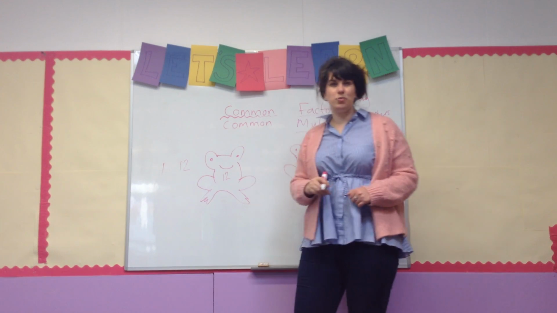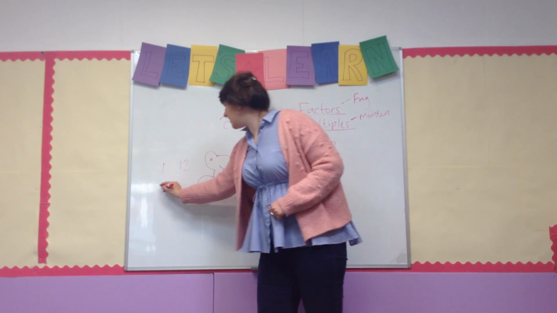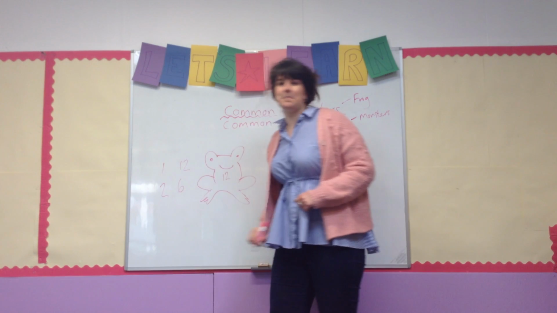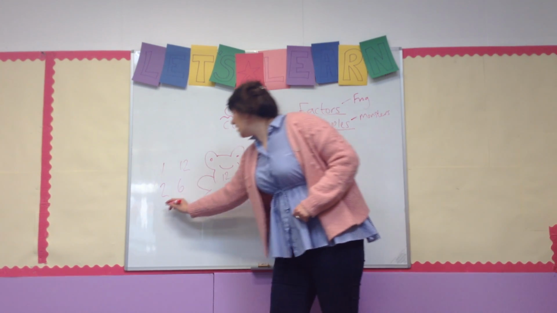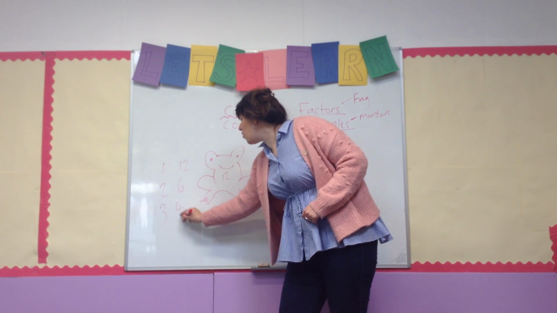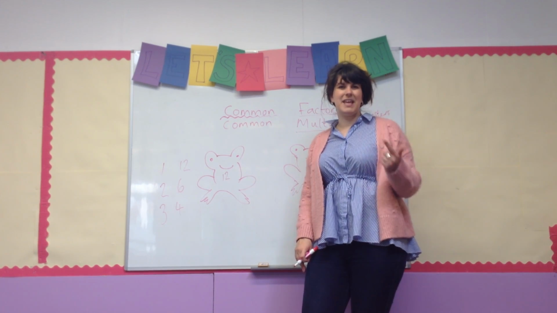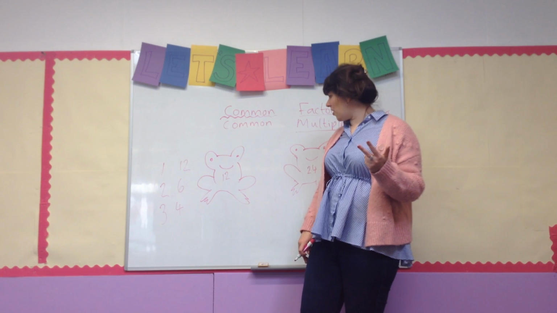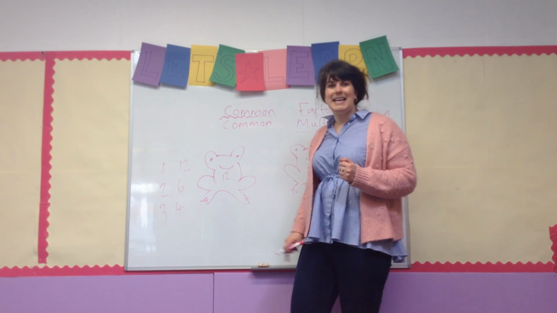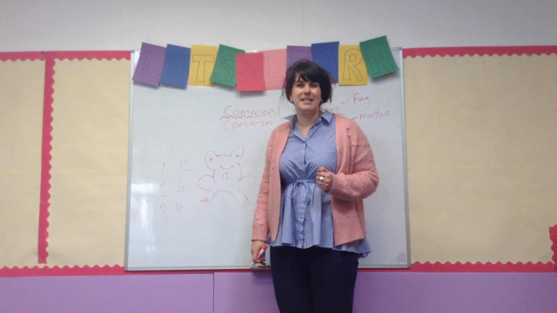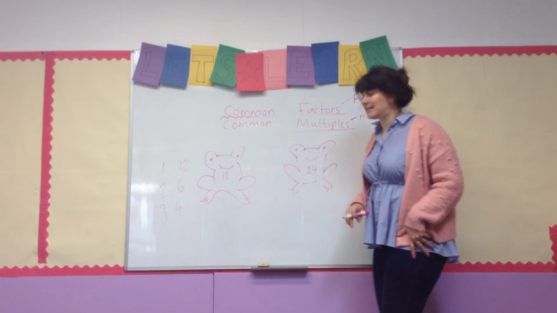So I've got 1 and 12. 2 can go inside it. 2 times 6 makes 12. 3 can go inside it. 3 times 4 makes 12. Can 5 go inside it? 5, 10, 15. No, it can't. Can 6 go inside it? Yes, it can, and we've already found it, so that means I've got all my factor pairs.